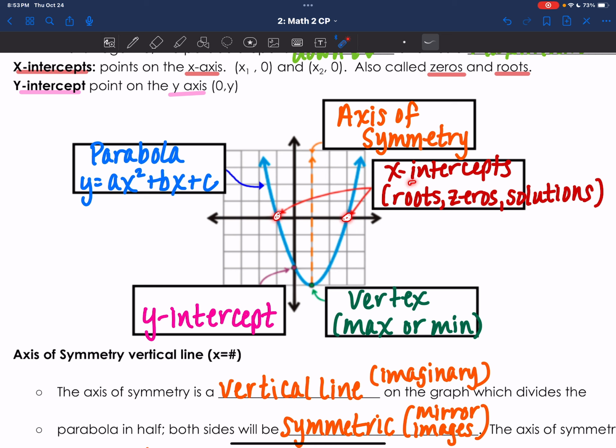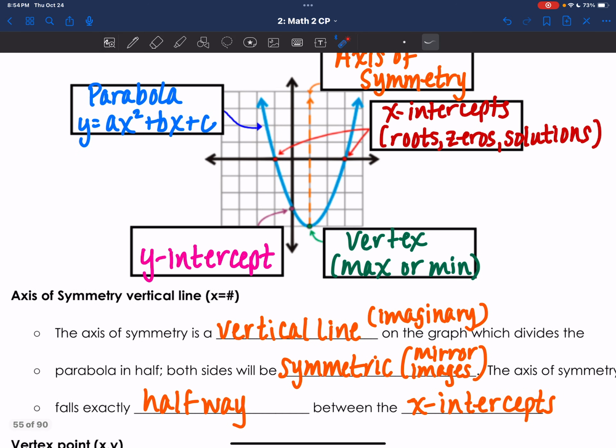It's where it crosses the x-axis. And like I said, they're called roots, zeros, solutions. The y-intercept is where it crosses the y-axis. So that would be your point there. So x is 0, and it would be the b value for your linear equations. Your parabola is the shape. And that's not a very parabola-like shape, but this is your standard form for a parabola equation.